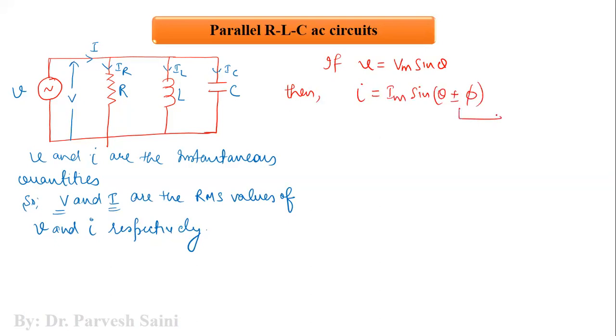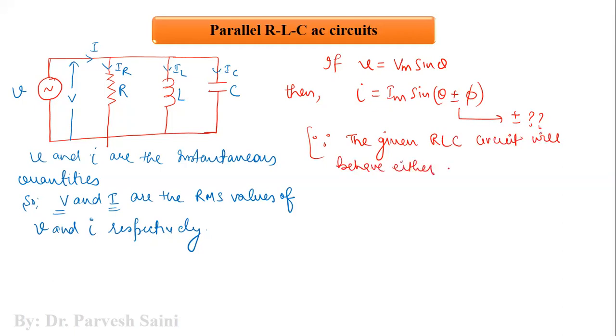Now why have we taken plus minus? Because the given RLC circuit will behave either as an inductive circuit or a capacitive circuit, right?